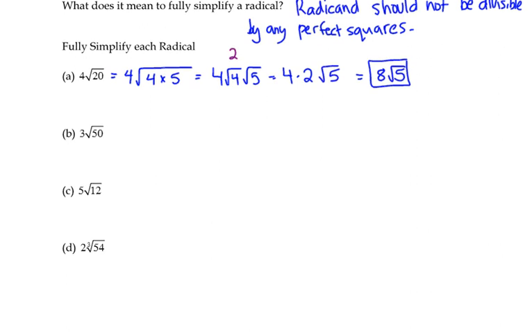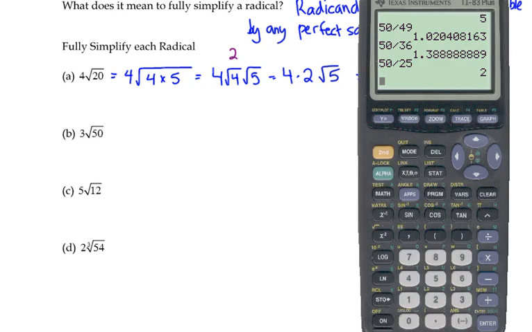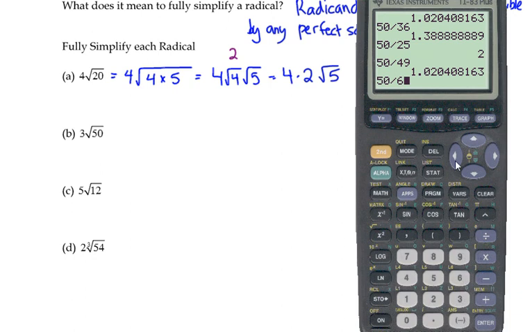Okay, so 50. Looking at our chart, what number are we going to start with? 49. Pretending I don't know anything about numbers, I start dividing by all the perfect squares smaller than 50, and we go backwards. 36, then 25. And there it is. 25 times 2.